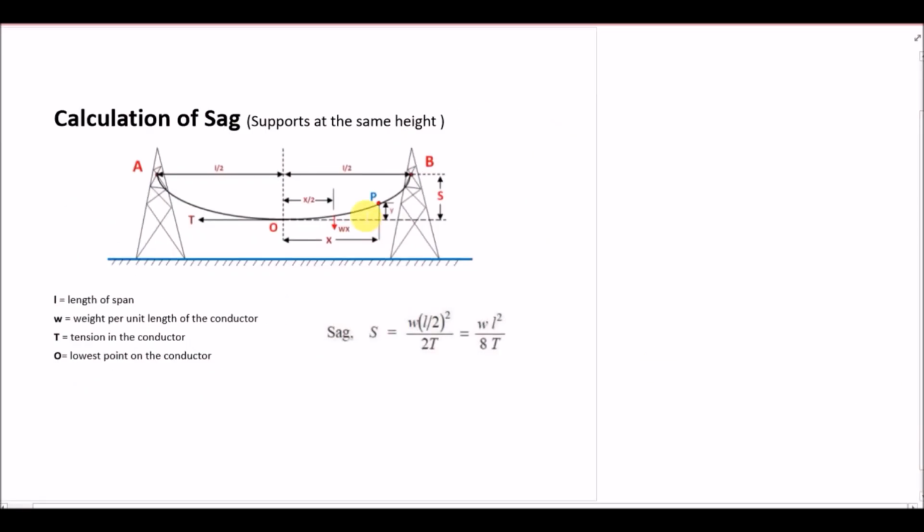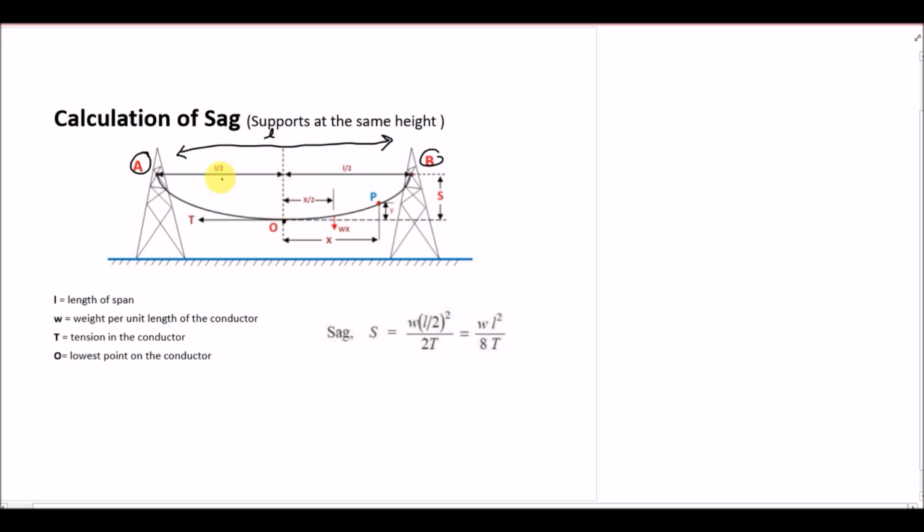Now we will be moving on towards the calculation of the sag. We are given two towers, tower A and tower B. We have a conductor in between these two towers. The span of the conductor is equal to length L, and we have the minimum point of the conductor at point O, which is at the center of the transmission line, right?